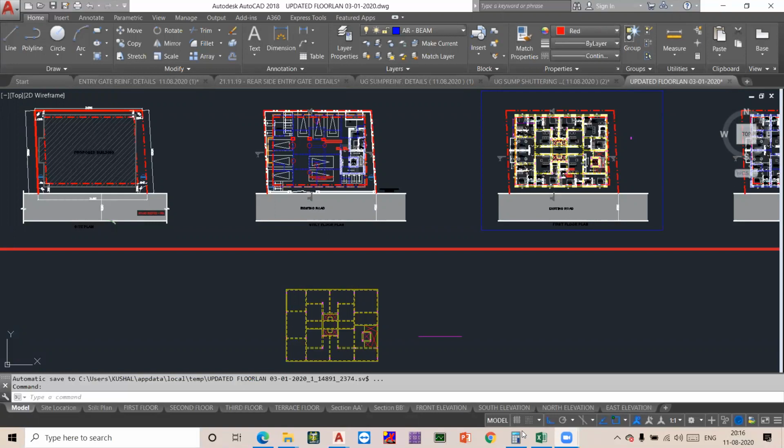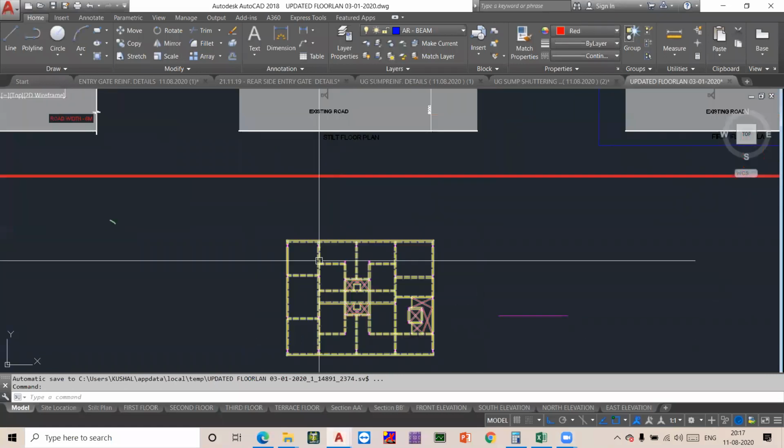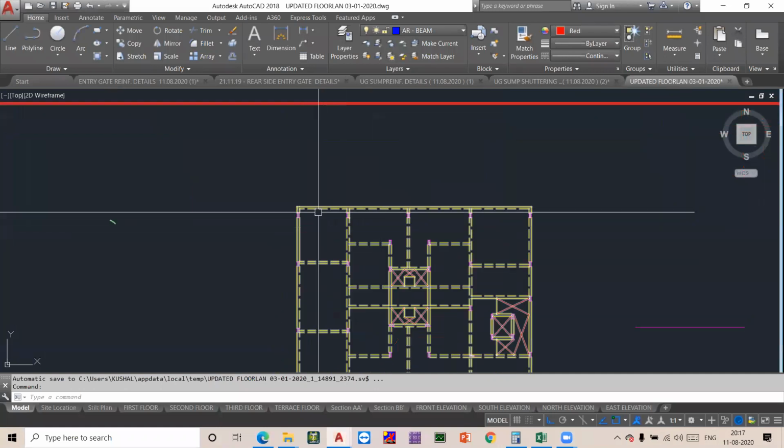So do we mark both the secondary and primary beams with the same thing, or will there be some differentiation? No, that I will be discussing in the upcoming classes. We are still at a very basic level. So far we have only discussed the column positioning. We are defining our load path, and in the course of the load path, the primary elements are my columns.